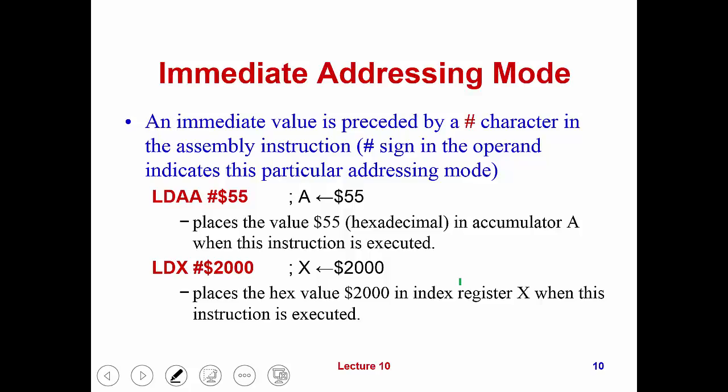So an immediate numerical value, which is the operand for the opcode, always starts with a pound sign. So we simply say the pound sign in the operand field indicates this particular address mode.